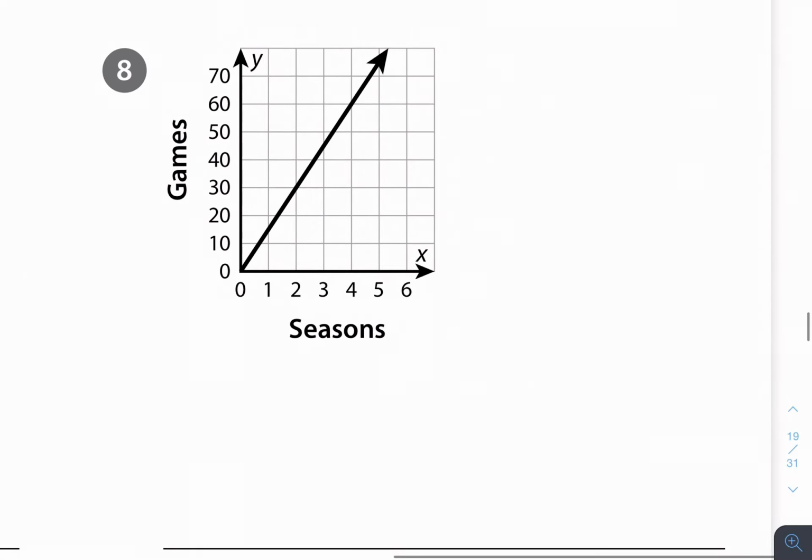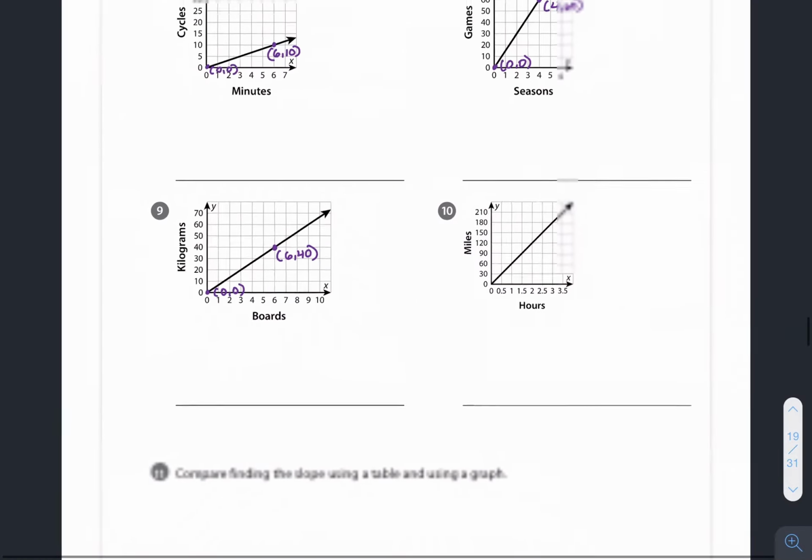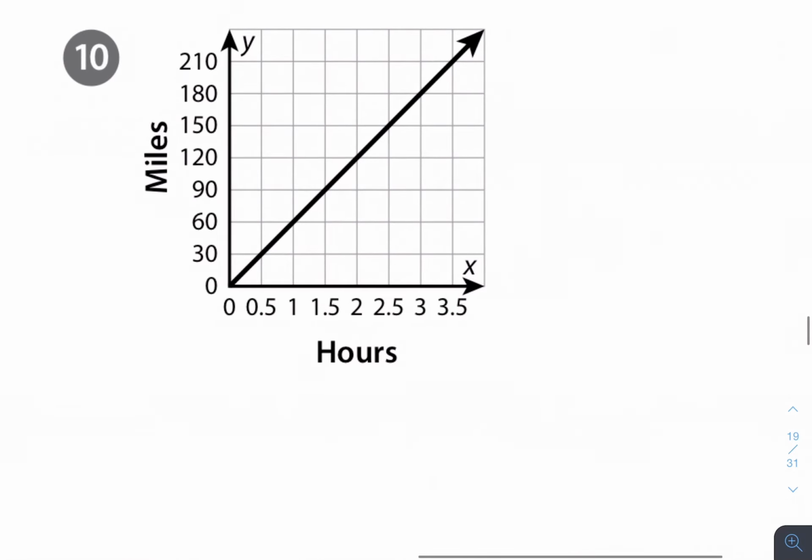Number 8, you can use 0, 0, and 460. Number 9, you can use 0, 0, and 640. And for number 10, you can use 0, 0, and 2, 120.